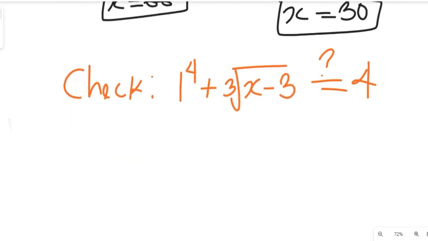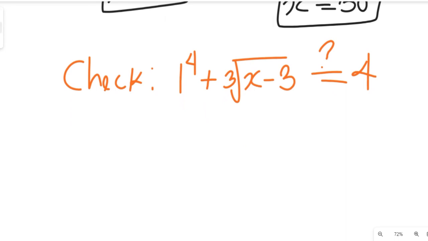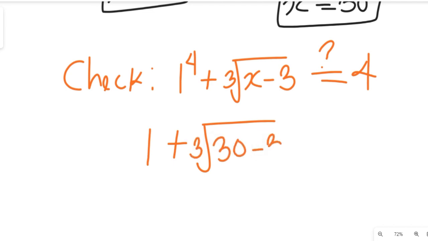Now, by inspection, if we put x equal to 30 in this question, we're going to have 1 to the power of 4, which is already 1, plus the cube root of 30 minus 3, and this will give us 1 plus the cube root of 27.